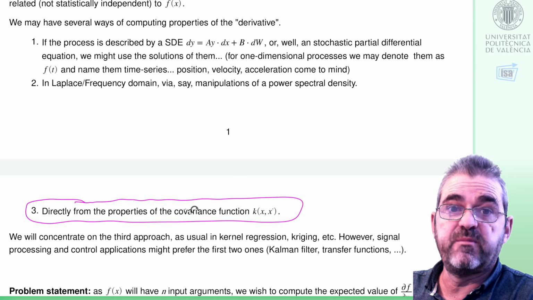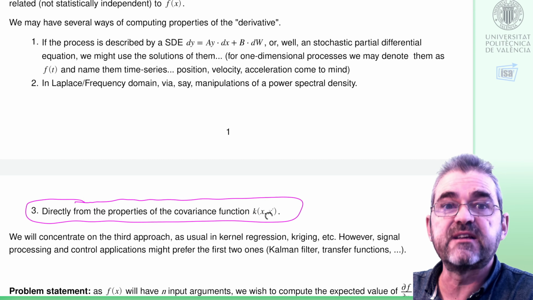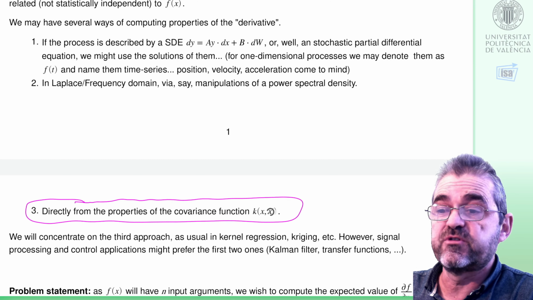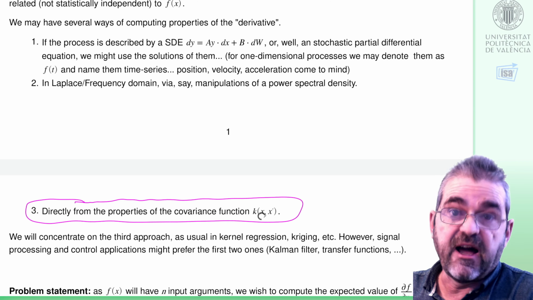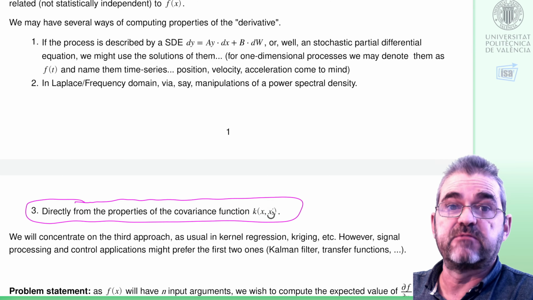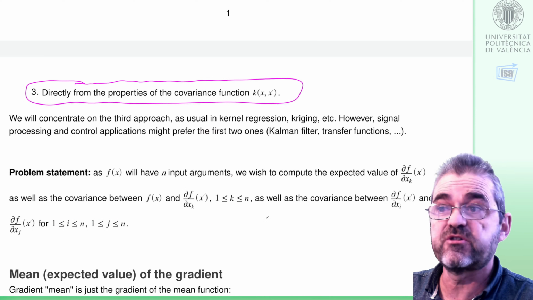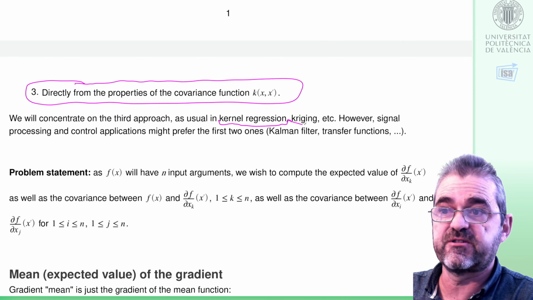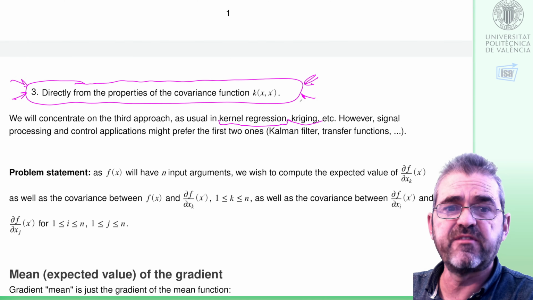And a third way will be using the properties of the covariance function in the original coordinates, not transformed, Laplace, etc. And in fact, this third option is the one we are going to develop here, because it's directly related to the definition of stochastic processes, some variables related with the covariance function, and because the manipulation of the covariance is the usual way of doing things in kernel regression, Kriging, etc. So this will be the main goal of this video.